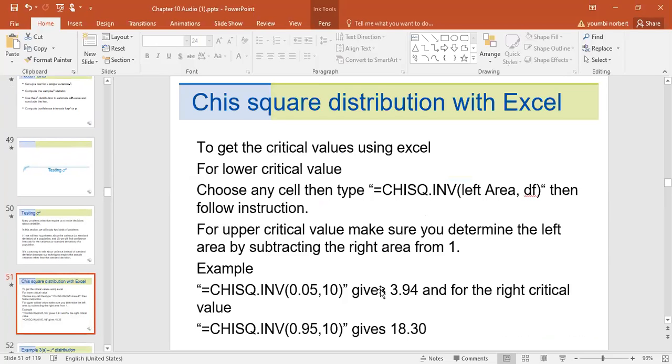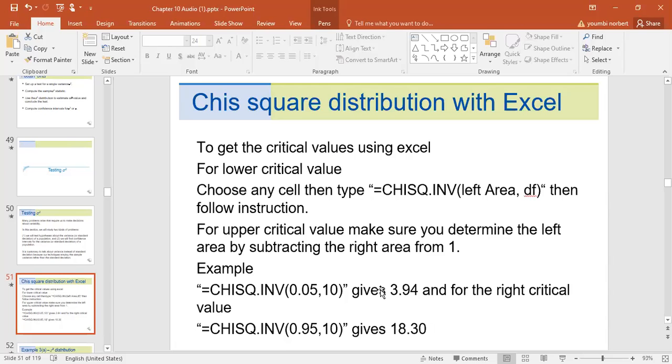You can use the critical value method from Excel. You can use the critical value from your calculator. See, this number is the area to the left. I'm sorry, this number is the area to the right. Excel is going to ask you, do you want chi-square right?